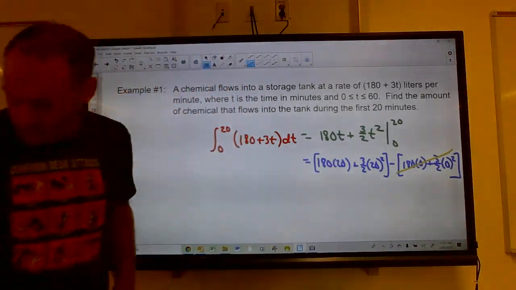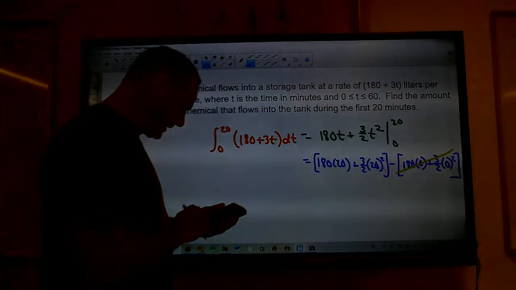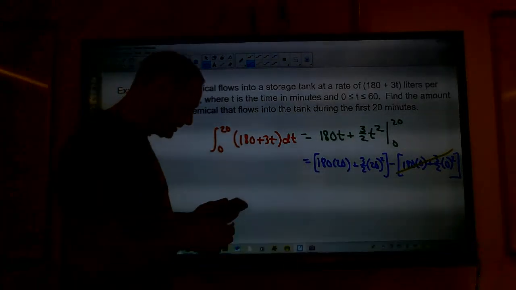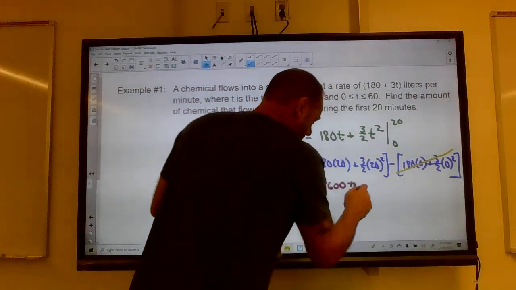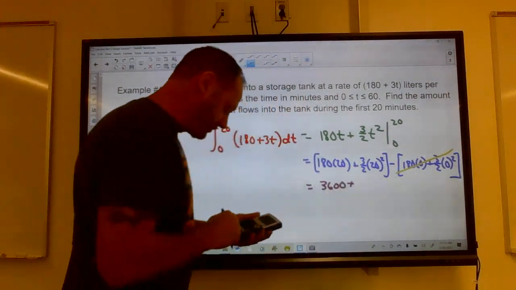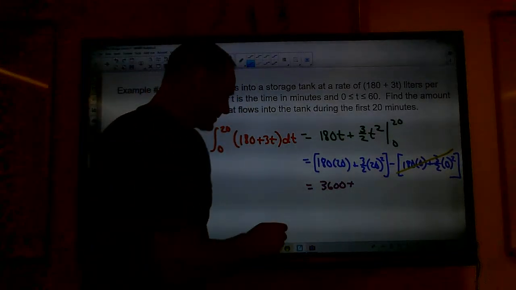Okay, this here we can figure out very simply. 180 times 20 is 3,600. Plus, this is 400 times 3 divided by 2. That's 600.